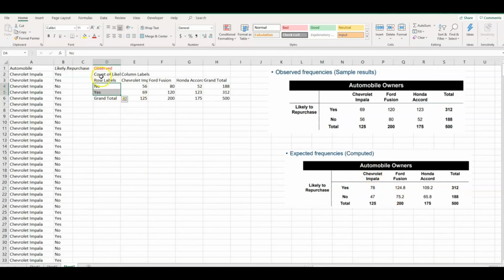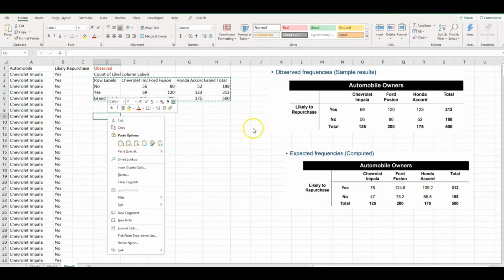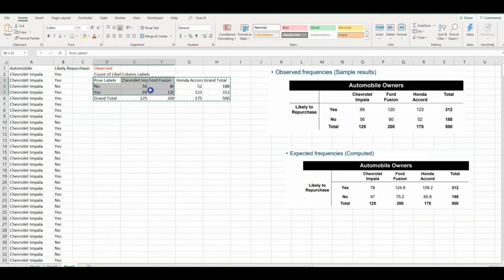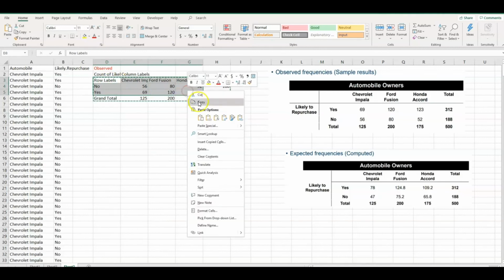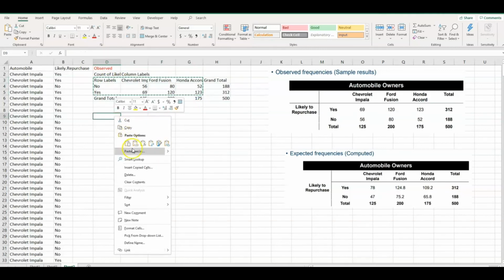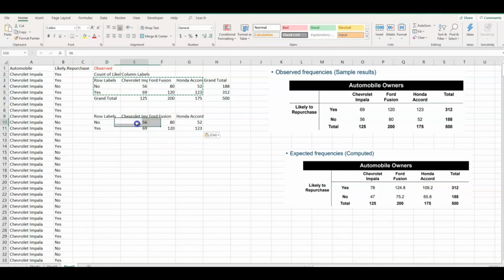I'm going to copy paste this part. I'm going to copy as little as possible.